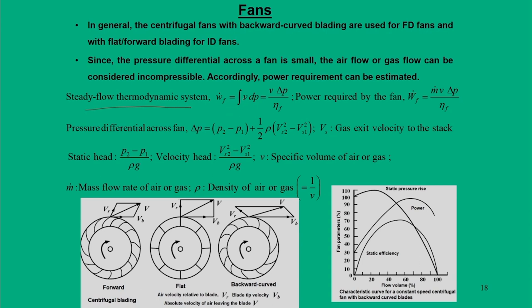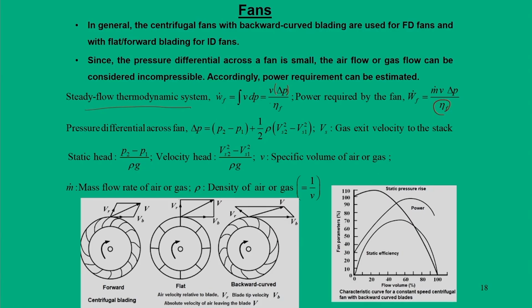V can be taken out of this integration because the gas we are handling is typically incompressible in nature, and this gas experiences a pressure differential of delta P, from which we can calculate the power. Of course, we can introduce the efficiency at which the fan operates, that is the efficiency of the fan.